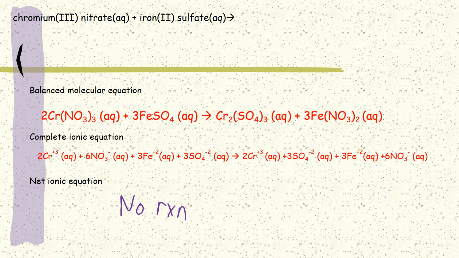So you should have gotten 6 ions of nitrate, because 2 times 3 is 6. All right, so again, notice the 2 here comes from there. The 6 of nitrate comes from the 2 times the 3.